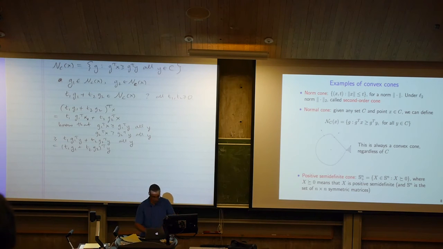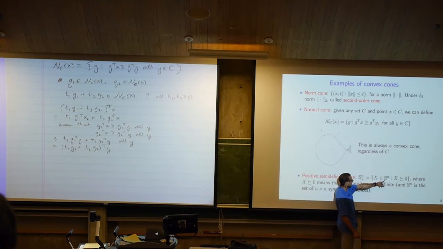The PSD cone, positive semi-definite cone. This is another very important one. It turns out that if you think about the set of all matrices that are symmetric, this is my notation for a symmetric n by n matrix, and that are positive semi-definite, which means that all of their eigenvalues are non-negative.